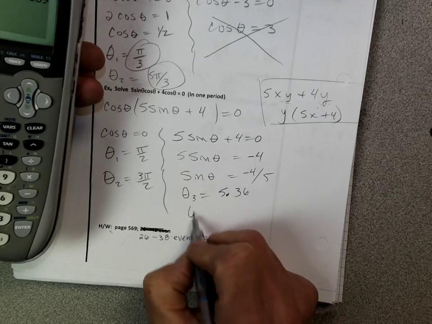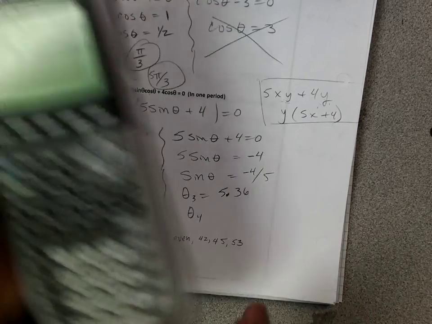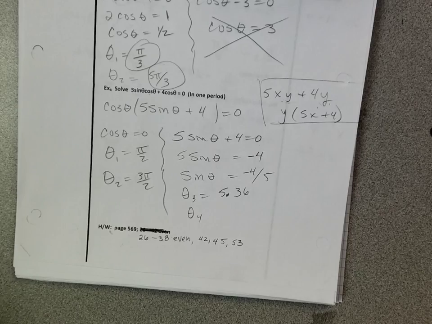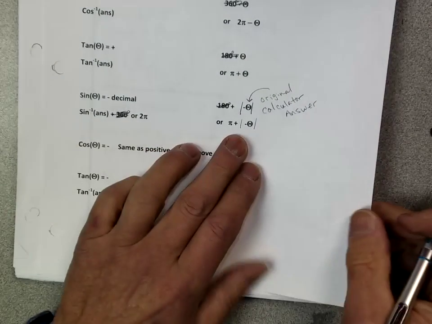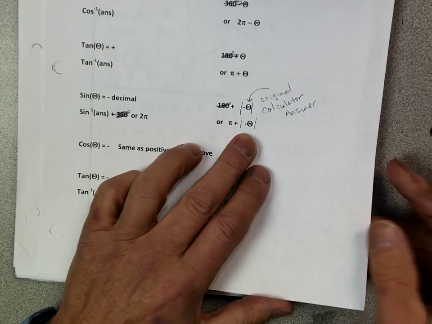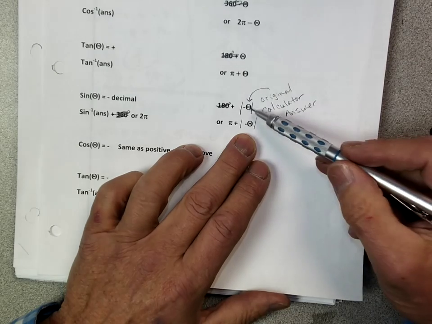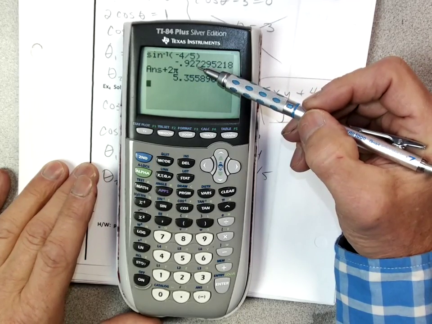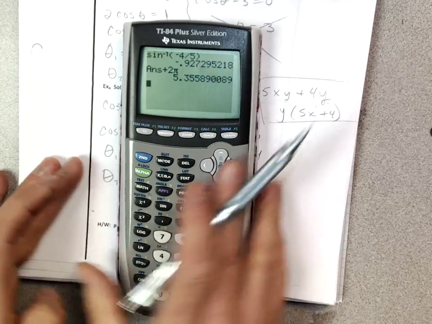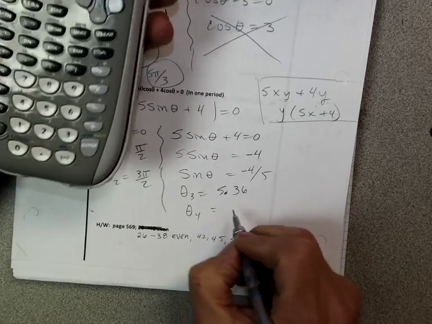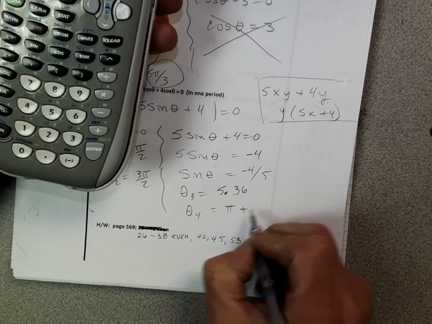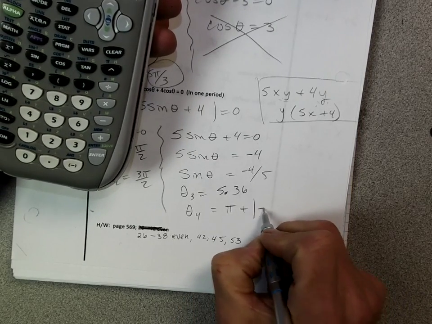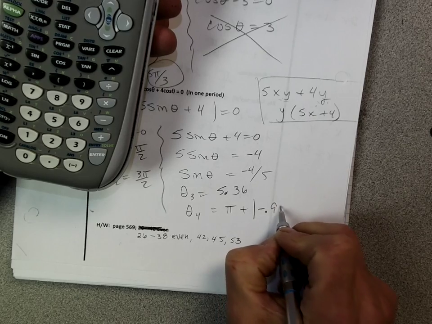Now, theta 4, it gets tricky with a sign, but let's make sure we understand what's going on. So the reference angle says take pi plus the absolute value of the original calculator answer, okay? Which one's that? That's my negative 0.927. Does that make sense? So my theta 4 is going to be pi plus the absolute value of negative 0.927.